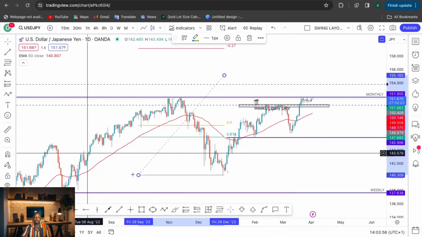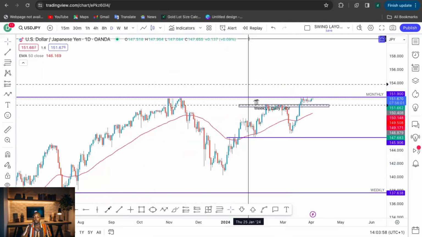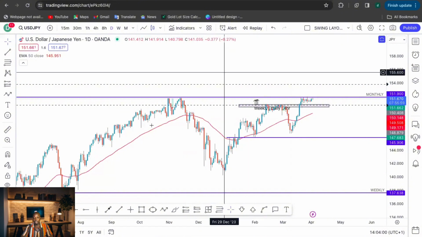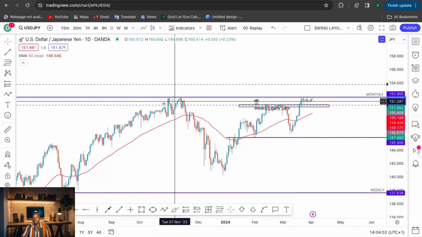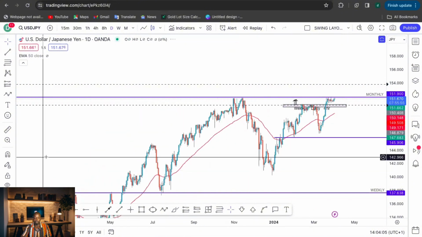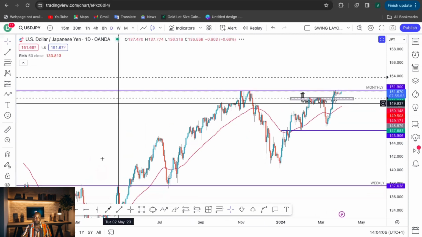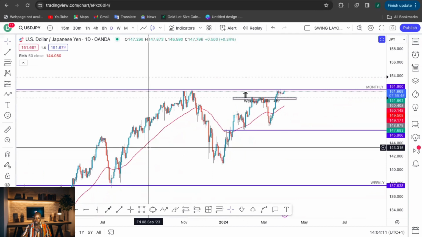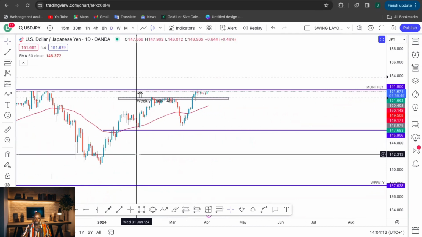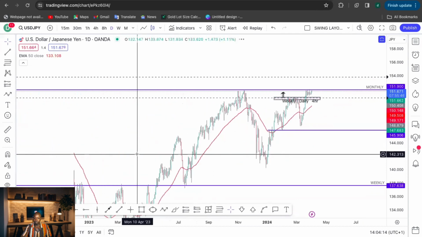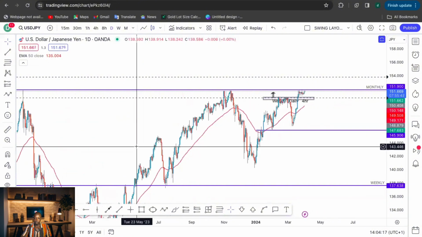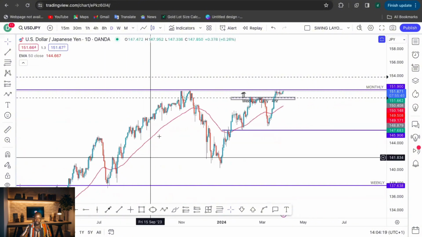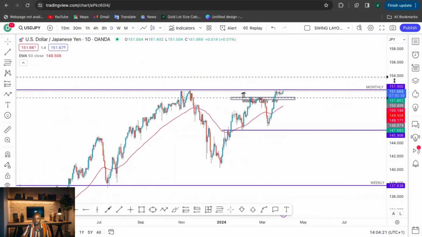Now, Fibonacci is simply a tool you use to gauge a retracement. For example, we're in an uptrend over here. Let's see if I can find a good example to use the Fibonacci tool. We're in a downtrend over here at this point.